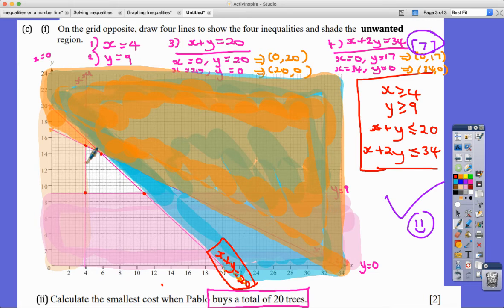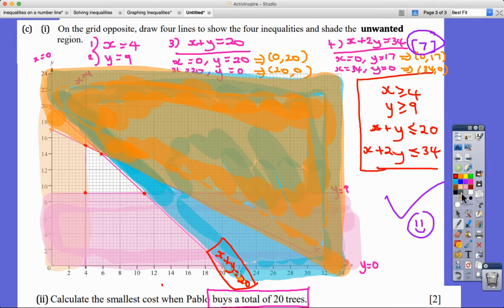Okay, over here, it's not quite the case. For instance, here we've got 4 plus 9, that makes 13. There's 13 trees here. Over here, we've got 11 plus 9, that makes 20. And here we've got 6 plus 14, okay?